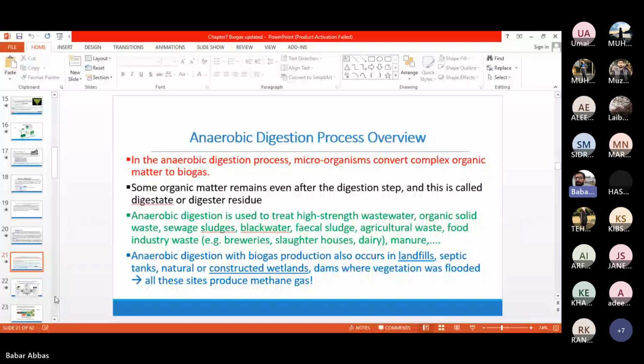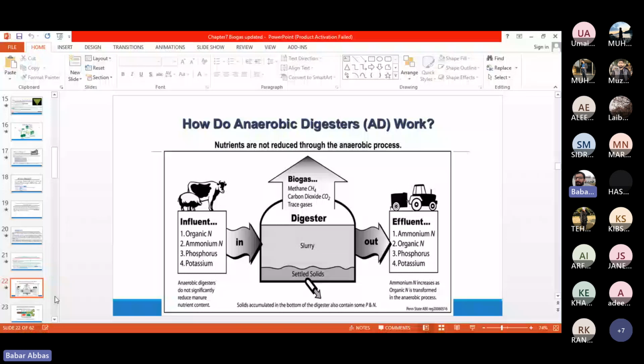And then we moved up to the household level, small level, community level, and other levels of the digestion processes. And then we discussed the basics of the advantages and disadvantages of the biogas generation.